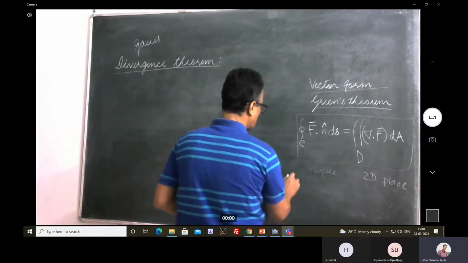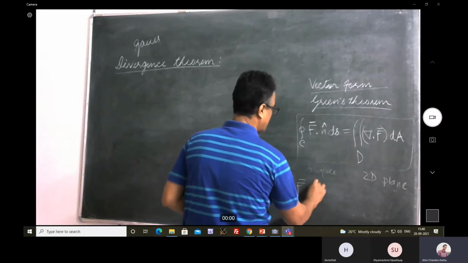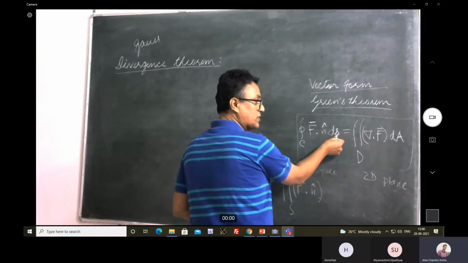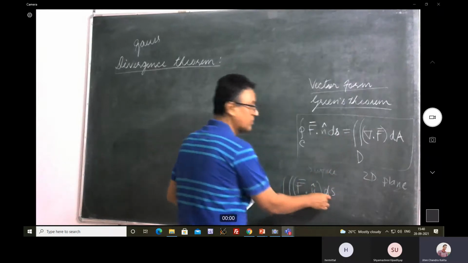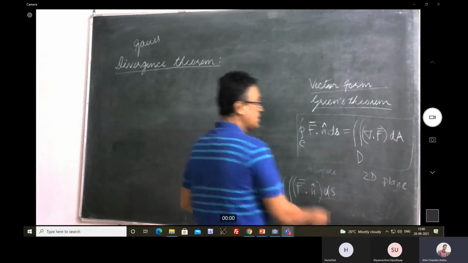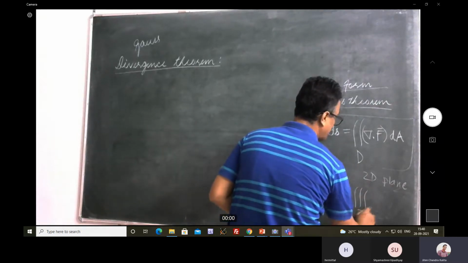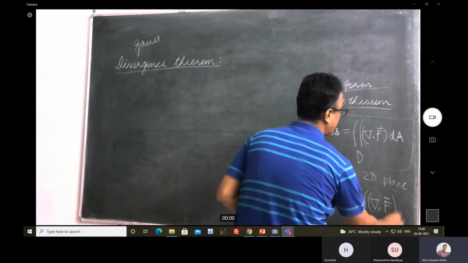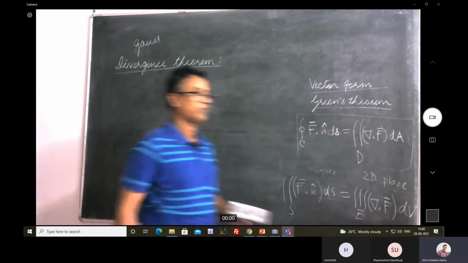So this should give you something like the integral of F dot n. See, this was an integral with respect to arc length, so now it is going to become a surface integral, and this should become some triple integral over some region, of divergence of F, and instead of dA, it should become dV.